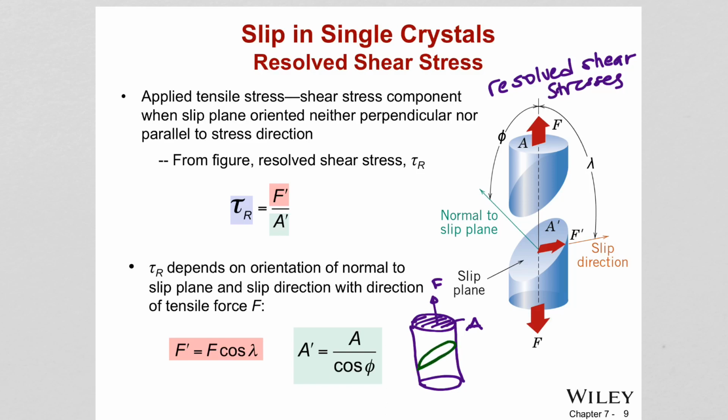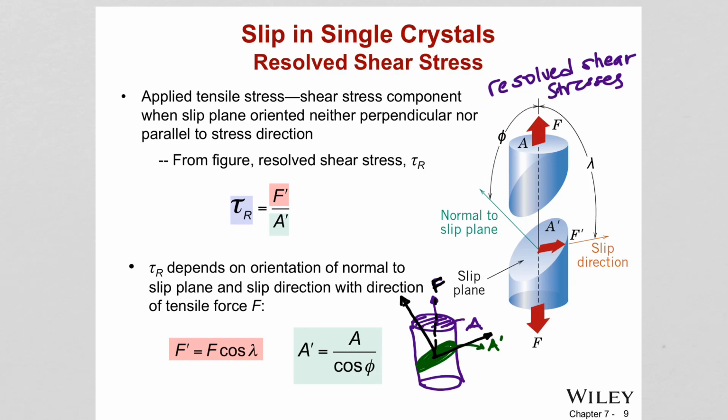Let's say this is R, so the shear here is generated in this plane, and the cross-sectional area here is A prime, and on that plane we have the slip direction. And this one is the direction normal to that A prime, and here is our force, right?